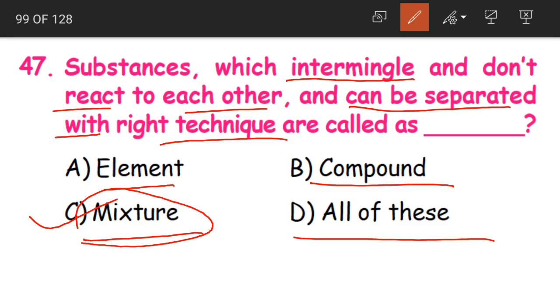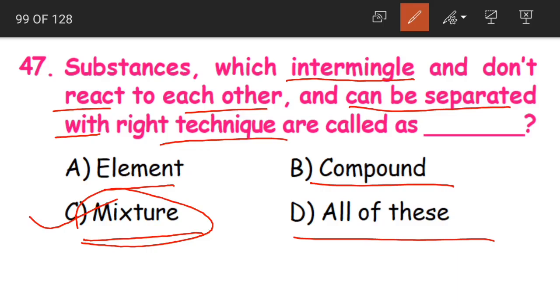Okay, so for example, if you take, children, salad, vegetable salad, what is it? It is a mixture. So you add tomato, you add onion, you add a cucumber, you add curry leaves, no, a carrot. So if you mix all the vegetables, it becomes a salad.